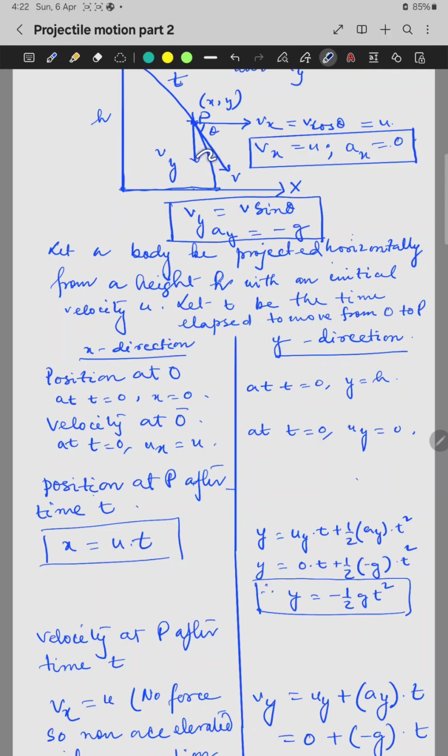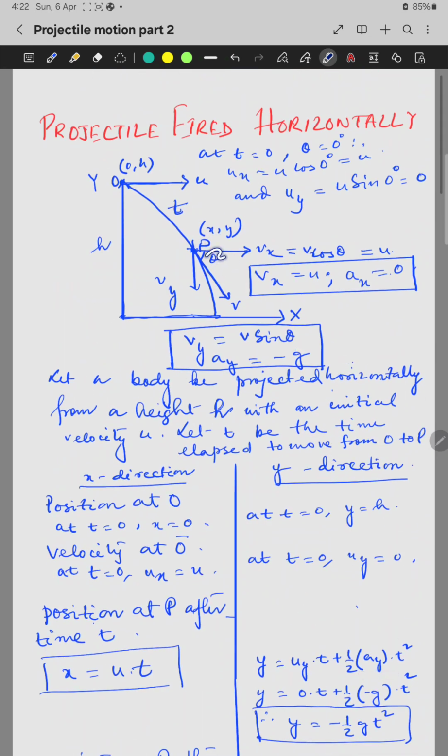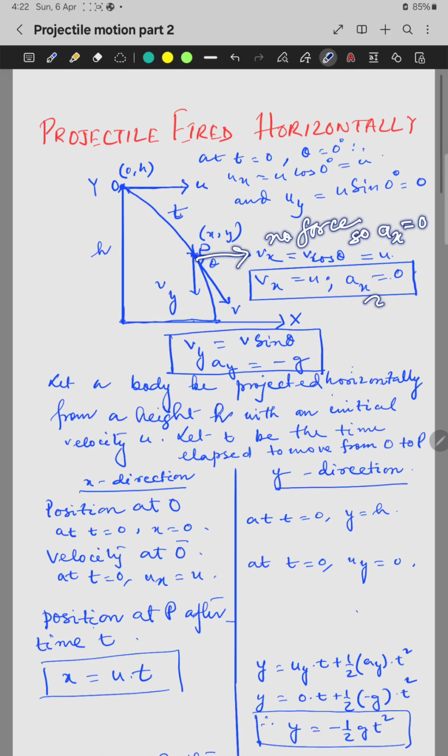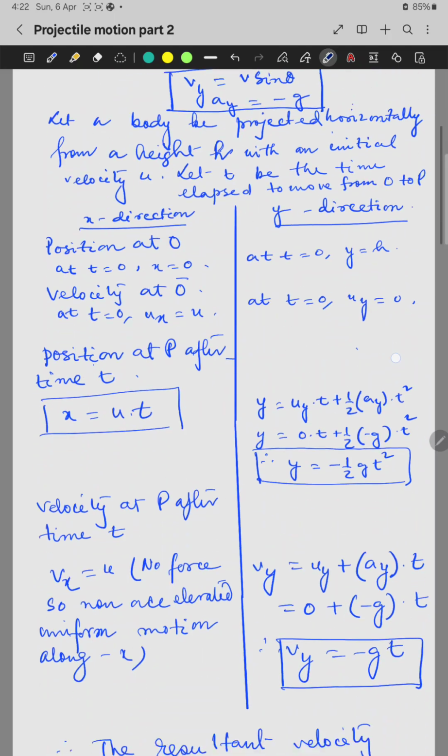So since the force is acting on the body along the y direction, there will be some acceleration along the y direction. But in the x direction, no force, so ax will be 0, and ay is minus g.